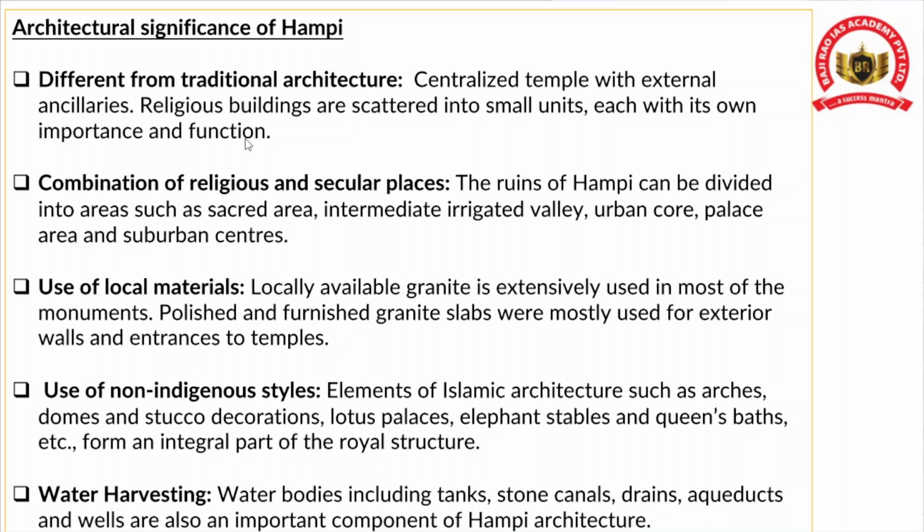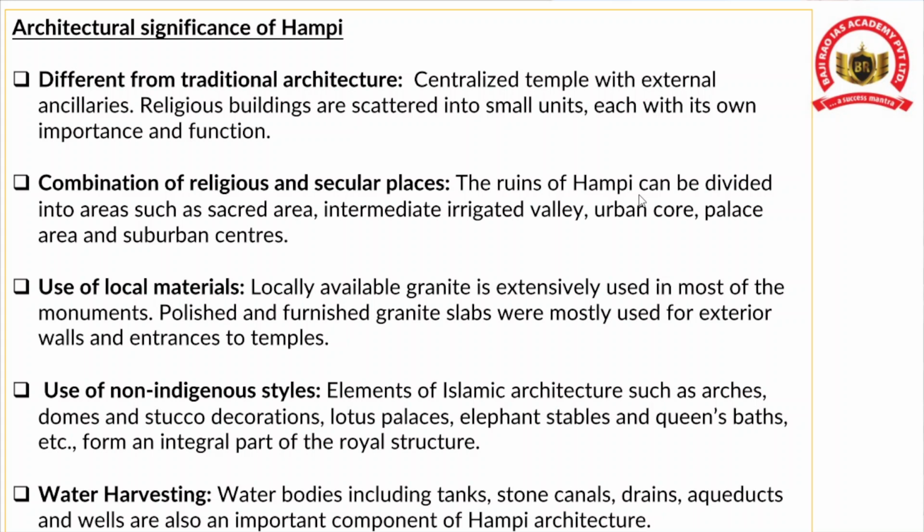The architectural features of Hampi are not just religious in nature. There are also secular places. So it constitutes both religious and secular places. For example, if you look at the ruins of Hampi, Hampi was damaged at its last phases.